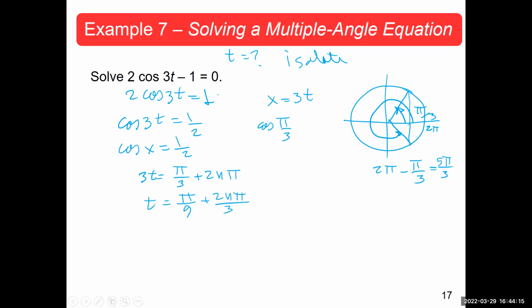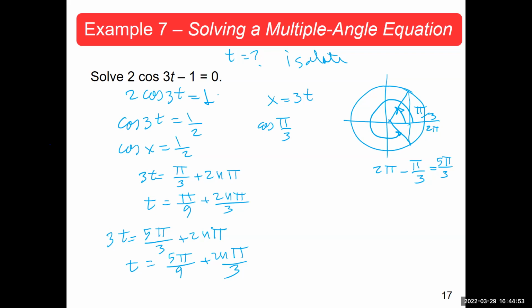So that's the first one. The difference is we divided by 3. The other one, 3t equals 5 pi over 3 plus 2n pi. Divide by 3, you get 5 pi over 9 plus 2n pi over 3. That's it, we got the two solutions.